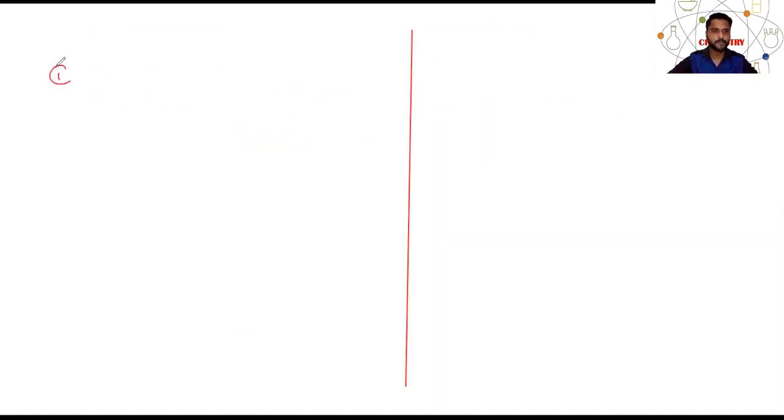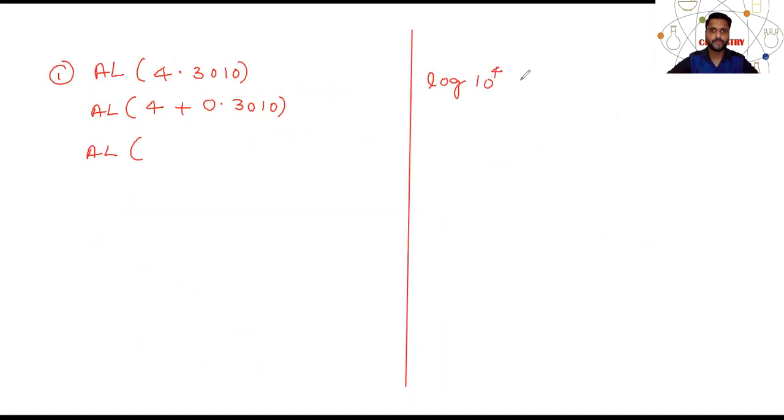First question, we'll calculate anti-log of 4.3010. So which can be written as anti-log of 4 plus 0.3010. Now 4 should be converted into log value. We have log 10 to the power 4 is equal to 4 log 10, which is equal to 4 into log 10 is equal to 1. So I can replace 4 by log 10 to the power 4 plus.